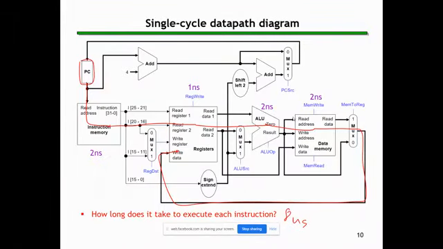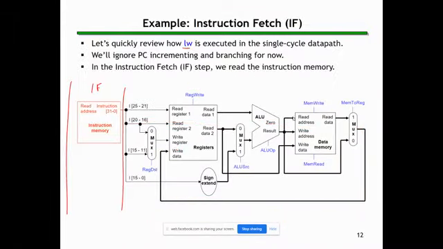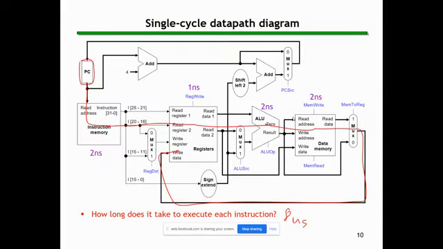Here is a single cycle data path diagram. This is the single cycle data path diagram, which means the cycle would be longer, and the instruction would be executed in just one single cycle.